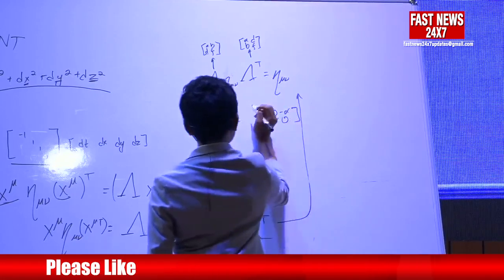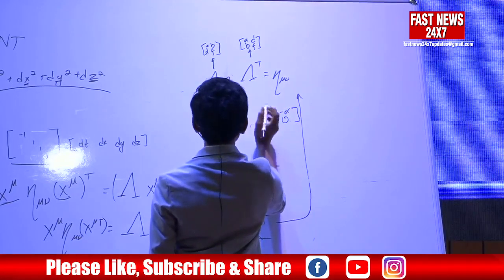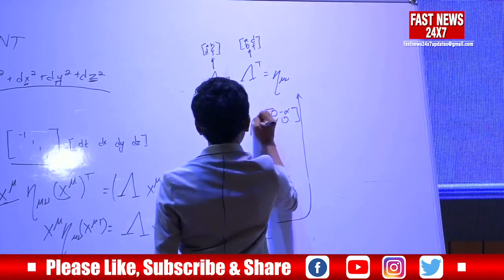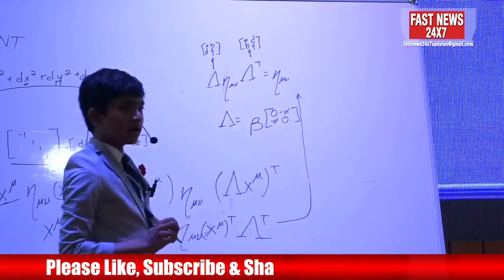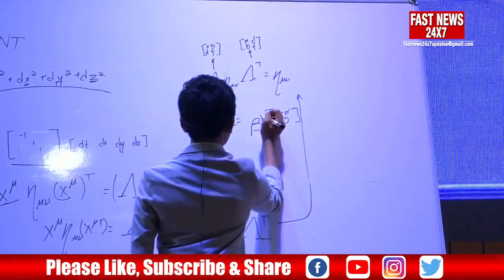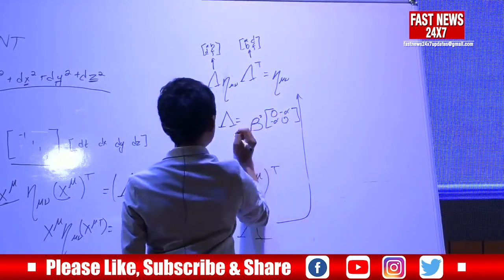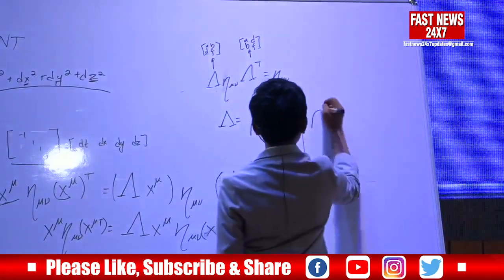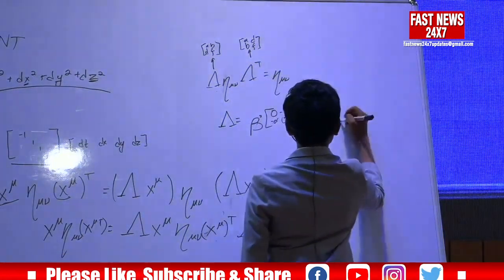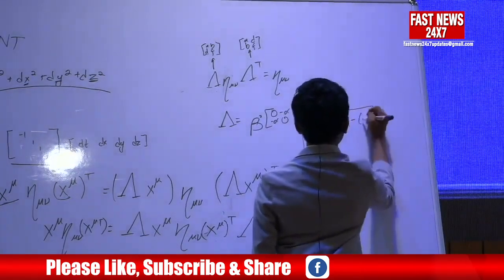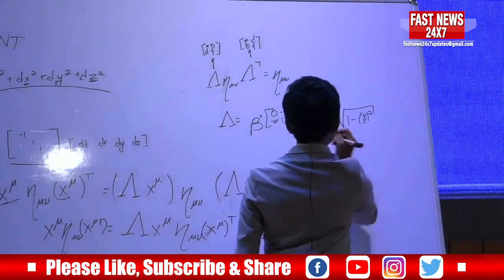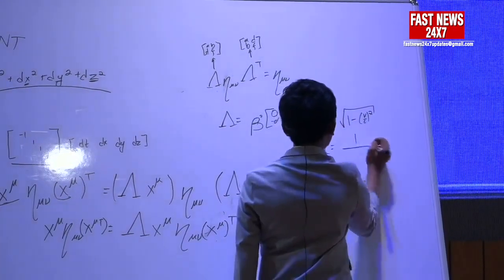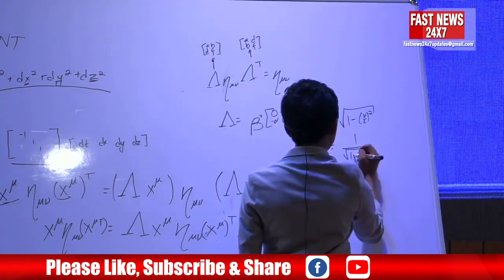And then, over here, we're going to get a proportionality constant, beta squared, actually, I believe, but whatever it is doesn't matter. The fact is, beta is going to be very important because it's equal to the square root of 1 minus v over c squared. And so, what we call the gamma factor is just 1 over this.